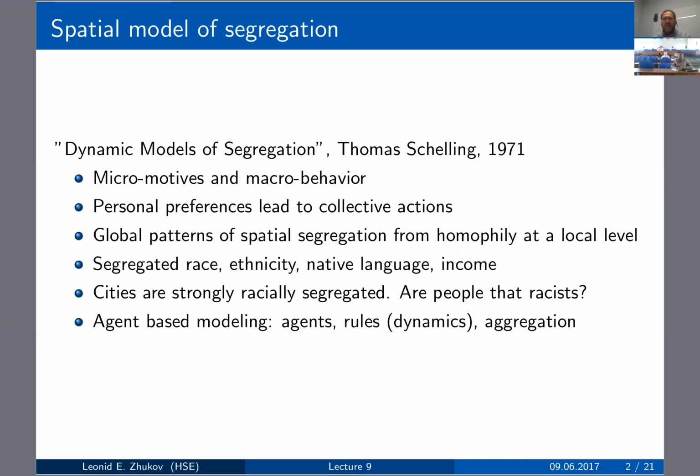Now, the model is very simple if we describe it in terms of every person's preferences, but it becomes very complex if we try to model the society in its entirety. That's why a methodology has been proposed, called agent-based simulation or agent-based modeling. In fact, agent-based modeling is quite popular these days. It's used to model and simulate traffic in the city, congestion, and crowds.